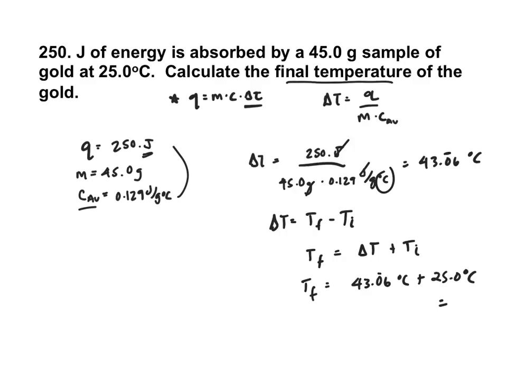And that is going to equal 68.1 degrees C as our temperature final. Okay, and that makes sense that our temperature final would be higher because the metal is absorbing heat energy. And basically, this is how you do these types of problems.